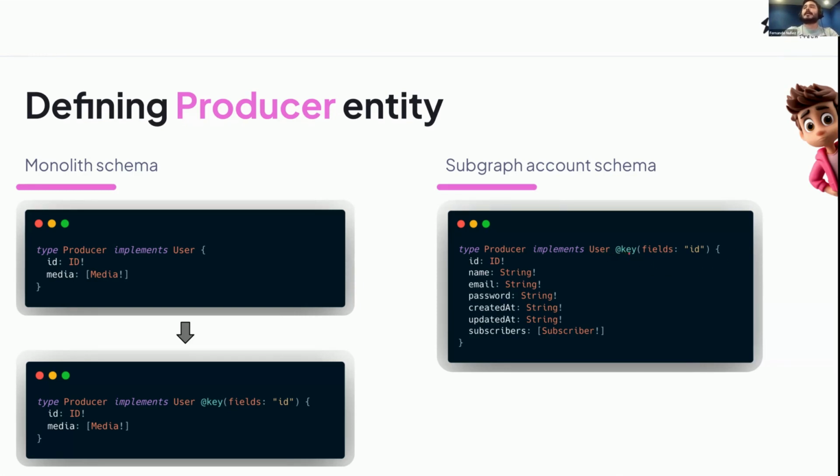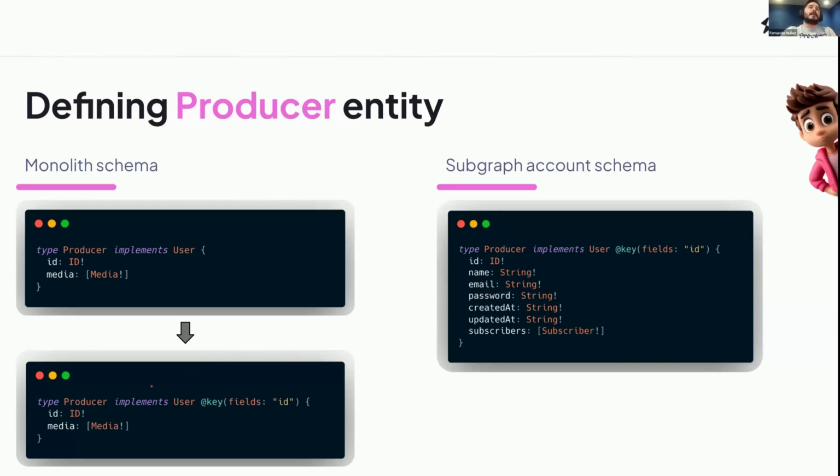We are saying that we need to pass some fields to the key, and the fields that we pass are the way that we are going to identify the producers. It could be one or more parameters depending on what the primary key is. For our case, the primary key that allows us to get the producers is the ID. So that's why we define the fields for the entity, just the ID, which is the one that we need.